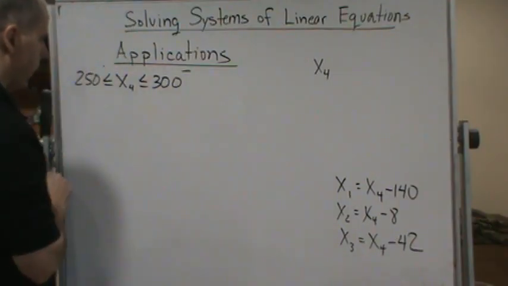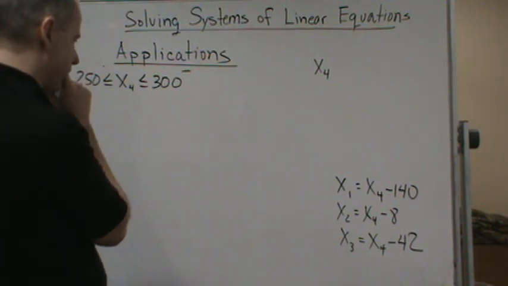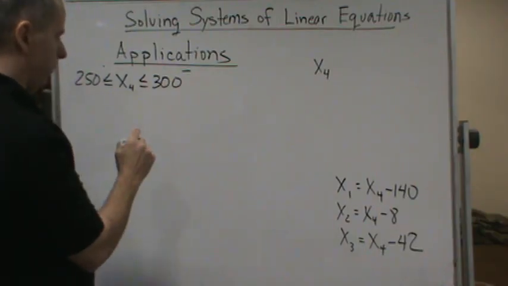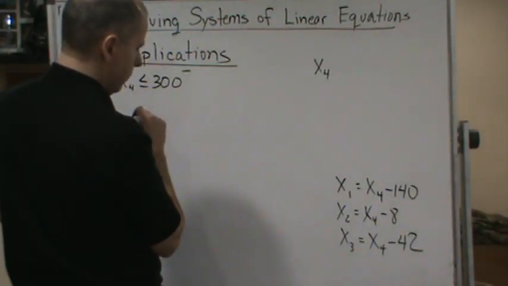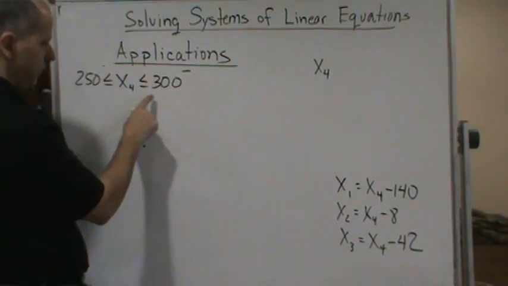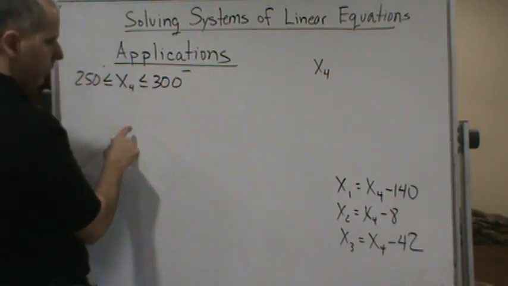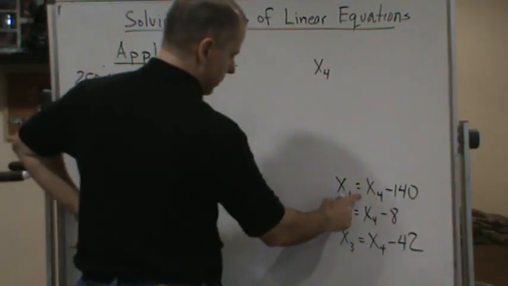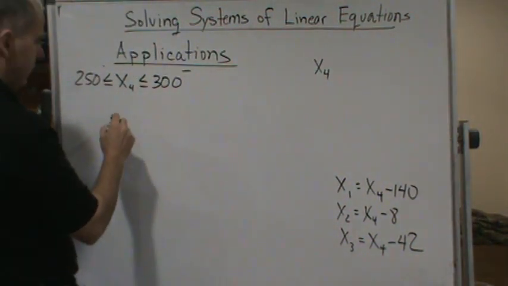Oh, here. If X4 is between 250 and 300, that would mean X1, which is equal to X4 minus 140, that means what?